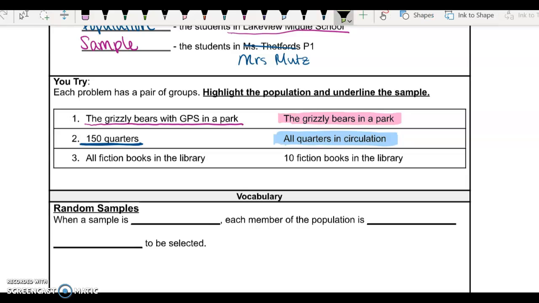And for number 3, we have all fiction books in the library, or we have 10 fiction books in the library. All of the fiction books in the library would be our population, and we have 10 fiction books in the library, so we're only looking at 10 of them, so that's a small sample.